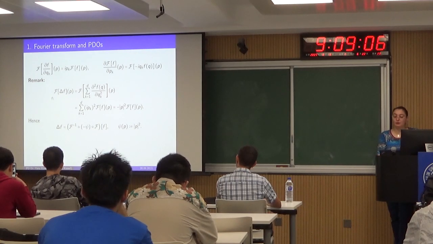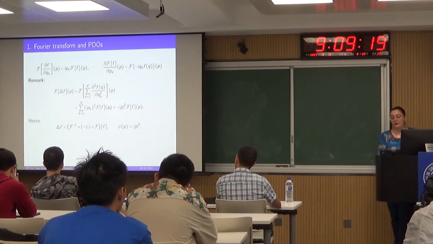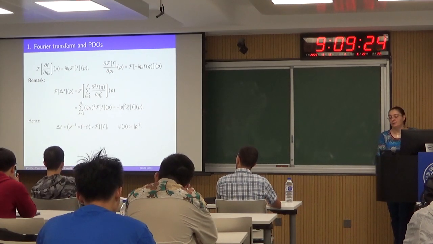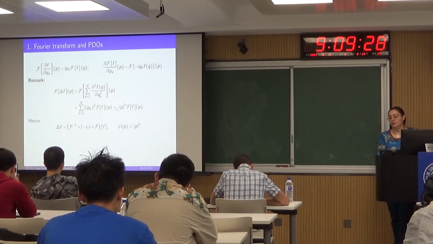Then I apply the inverse Fourier transform to both sides. Here, Fourier to the power minus 1 applies to Fourier. They kill each other, so the Fouriers disappear, and we have only Laplace. On the left-hand side, I have the function f, then I apply the Fourier transform, then I multiply with this function, then I apply the inverse Fourier transform.